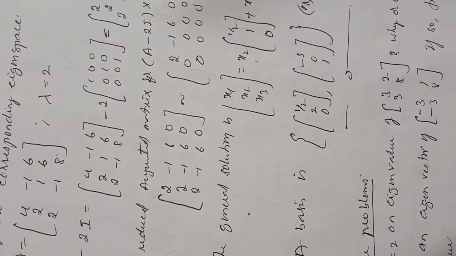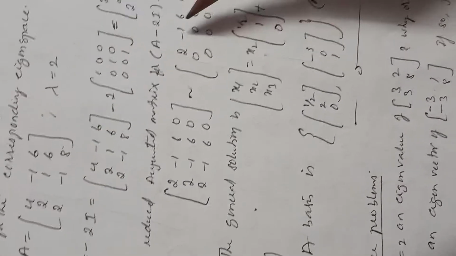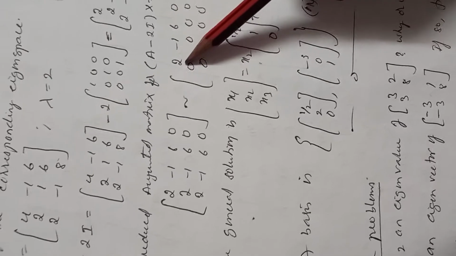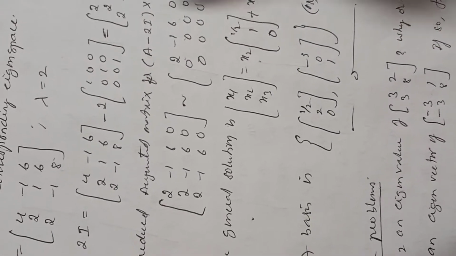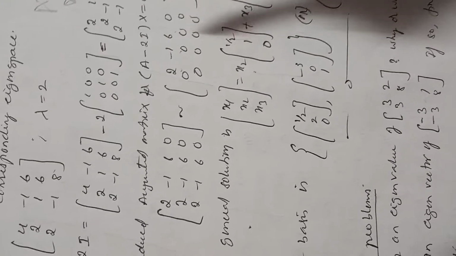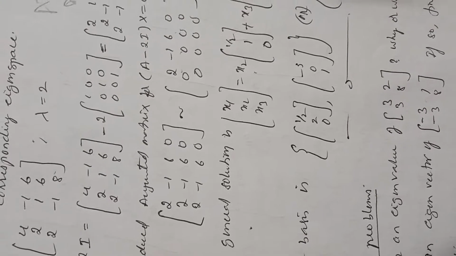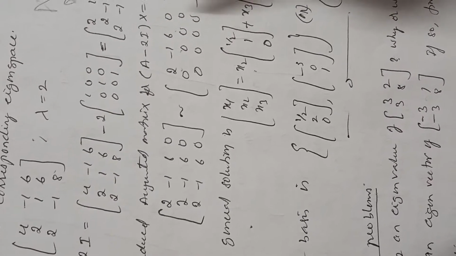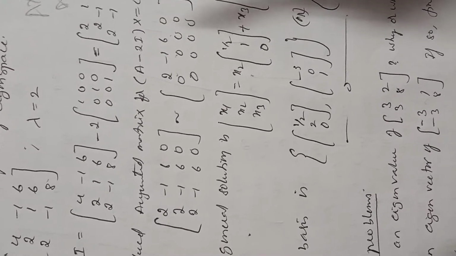Therefore x1 is dependent on x2 and x3. Here 2x1 minus x2 plus 6x3 is equal to 0. Therefore x1 is equal to what? (x2 minus 6x3) by 2, that is x2 by 2 minus 3x3.